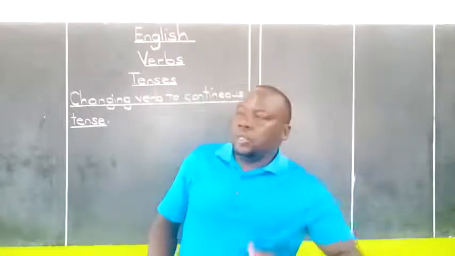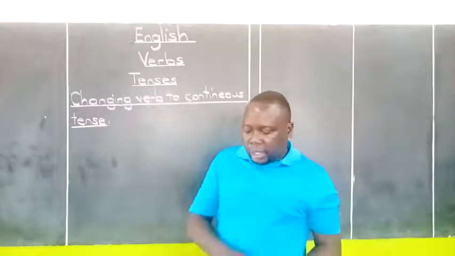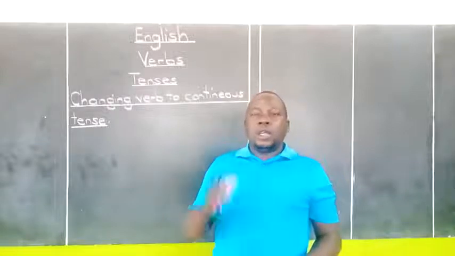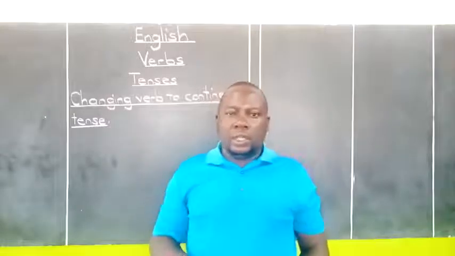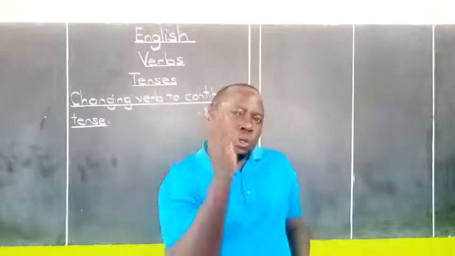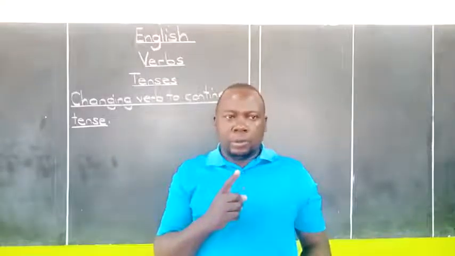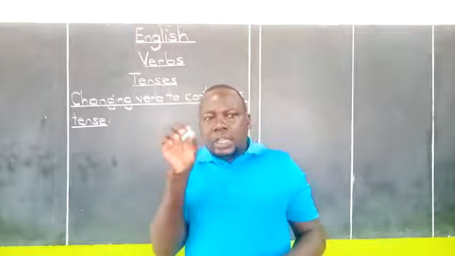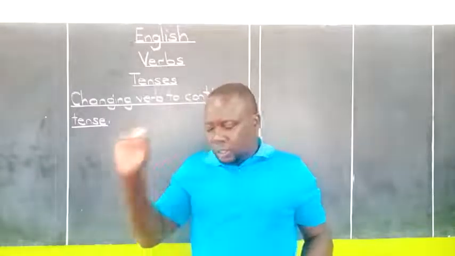Again, today we are still changing verbs to continuous tense. This time, before adding ing, you have to double the last letter. Double means two when they are the same. In other words, add another letter the same as the last one, then add ing.